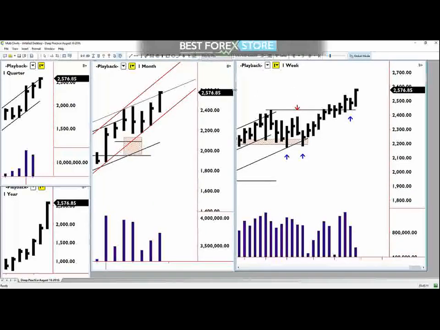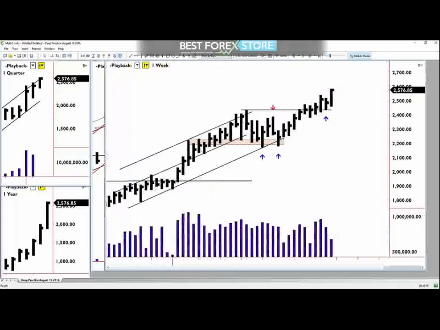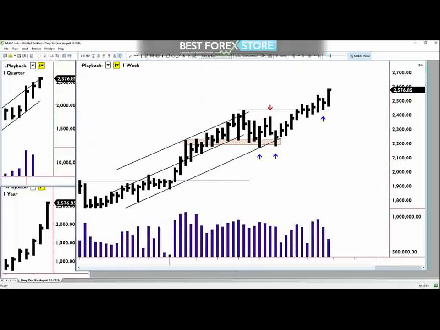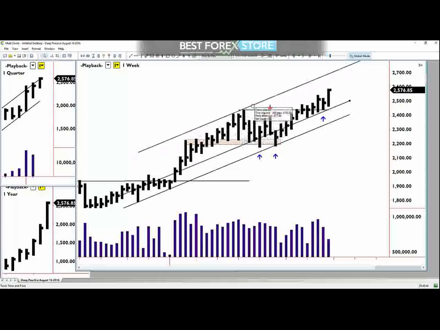Now, we can also adjust our trend lines and make them a little cleaner on the weekly. Do something like this. Clear these out, put that up there.